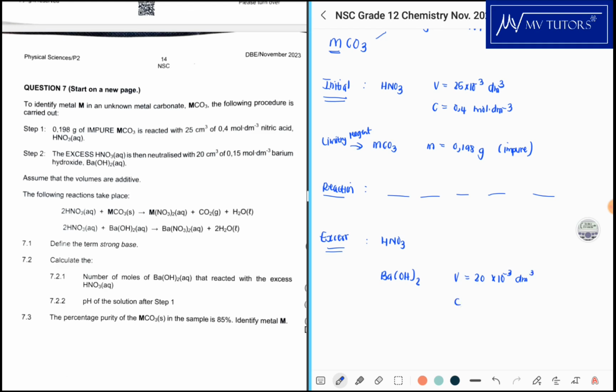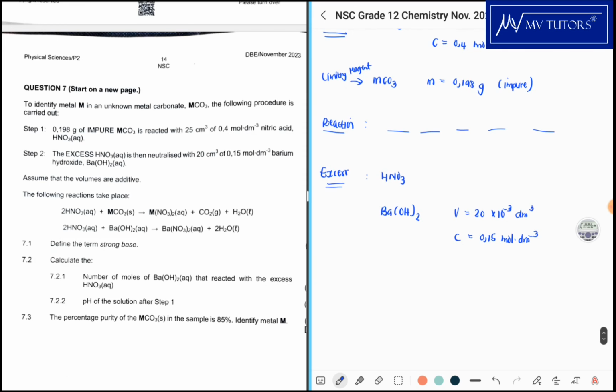And the concentration thereof is 0.15 mole per cubic decimeters. All right. So you have an initial amount of nitric acid. It forms part of the reaction. There's a little bit left. We use that to neutralize barium hydroxide. Strong acid, strong base, they neutralize each other. pH probably around 7 of this whole neutralization reaction. Okay, so yeah.